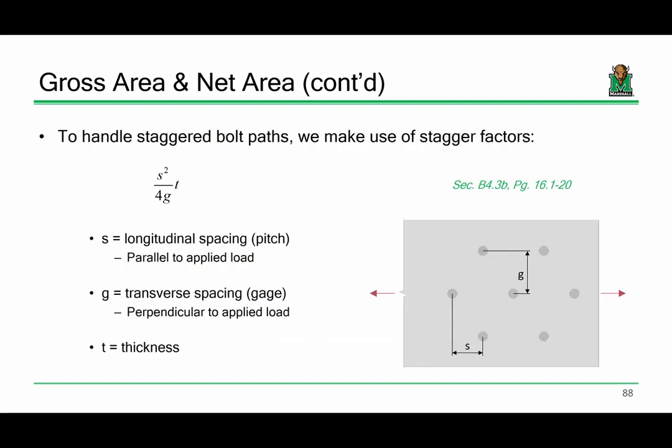So first off, to handle staggered bolt paths, we introduce what's called a stagger factor. Okay? Now, a stagger factor is computed as follows. It's S squared over 4G times the thickness. Now, the way that this works is anytime we encounter a single diagonal path from one bolt to another, we add a stagger factor. Now, this stagger factor has been derived for a long time.